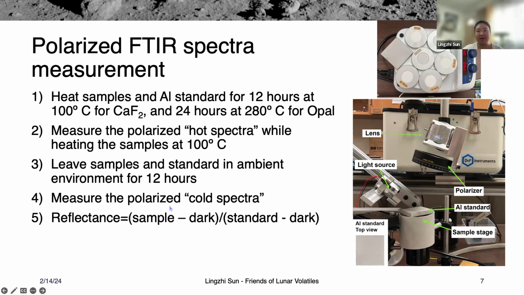Then we measure the polarized cold spectra. So for each sample, we have hot spectra, cold spectra, perpendicular and parallel, so 4 spectra for each sample. And we derive the reflectance by using sample subtracting dark versus standard subtracting dark.